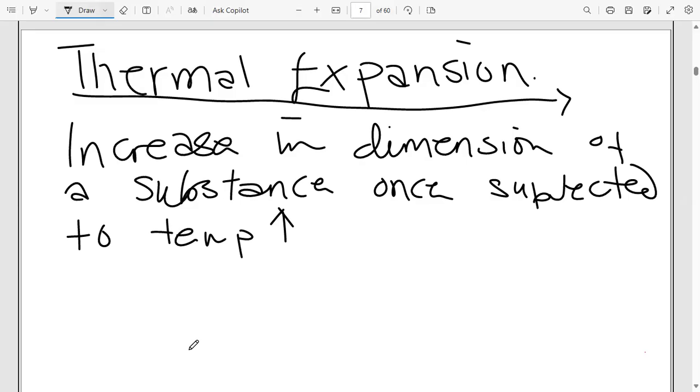So when you are removing temperature, that substance is going to be contracting or constricting, reducing in its dimensions. Whilst if you are increasing the temperature on that substance, it is going to also increase its dimensions. And these dimensions that we are going to talk about are actually three of them.